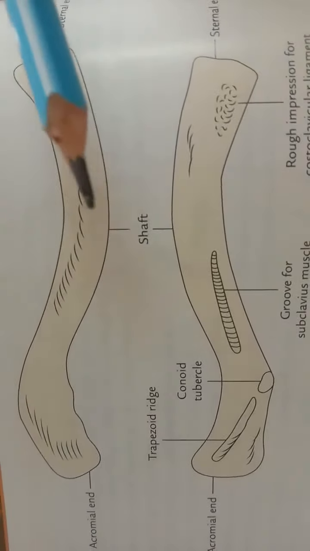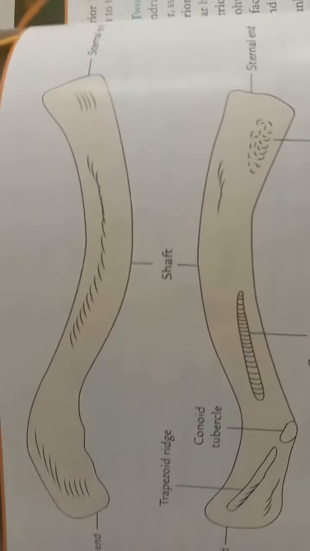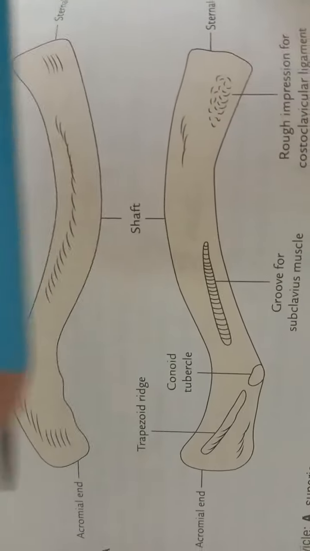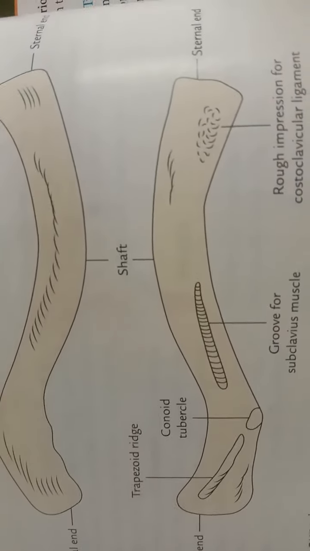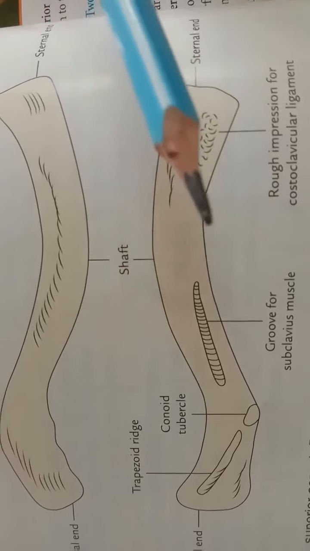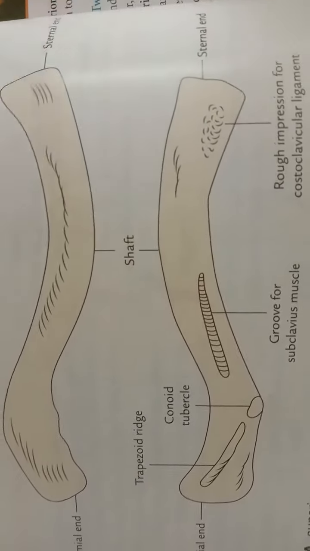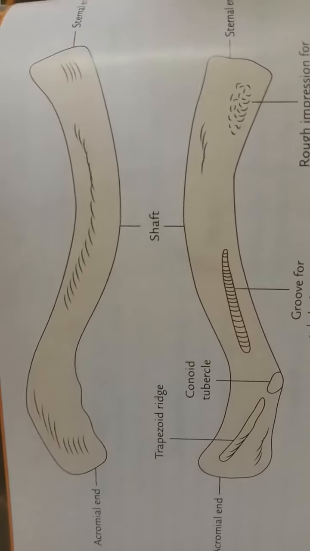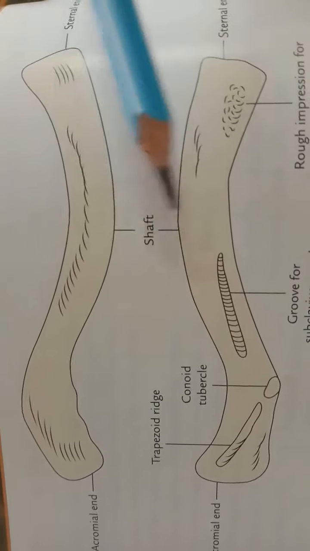Then it receives the weight of the upper limb via the lateral one-third through the coracoclavicular ligament, and transmits the weight of the upper limb to the axial skeleton via the medial two-thirds of the clavicle. So those are the peculiarities of the clavicle.